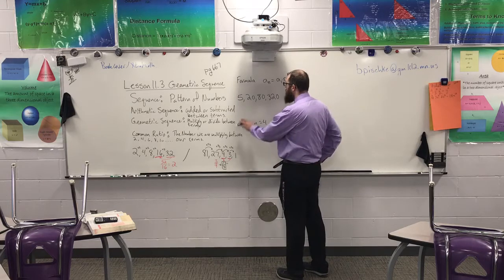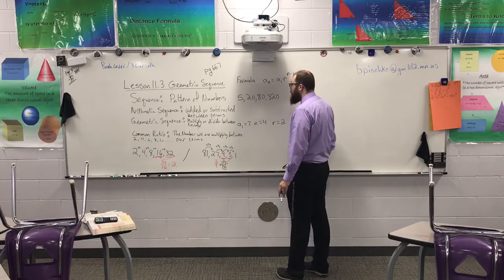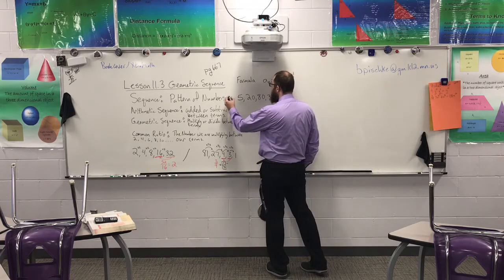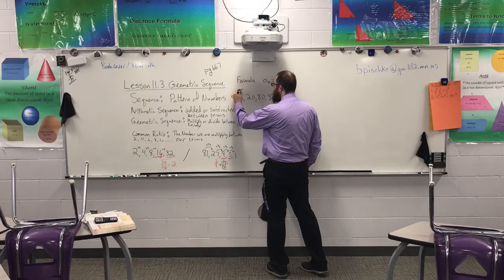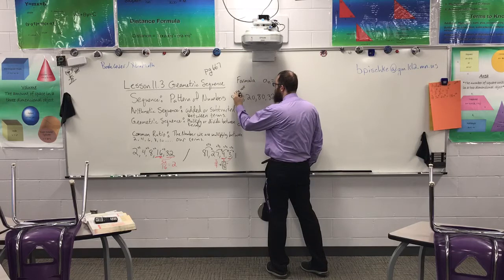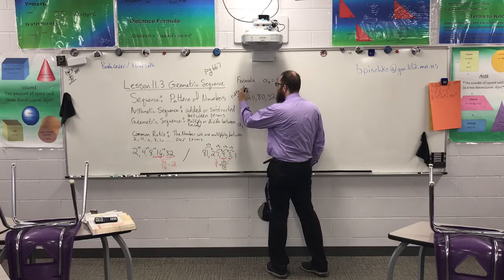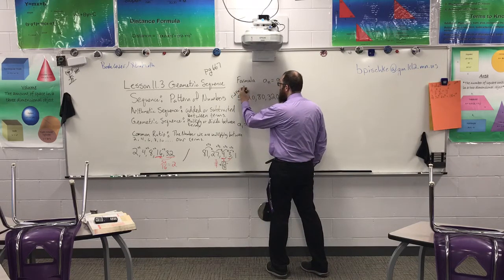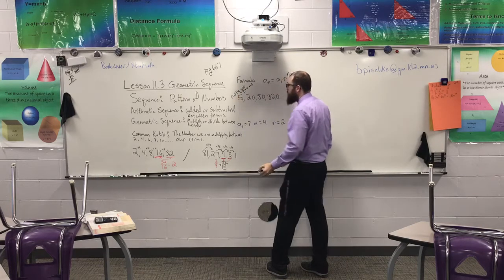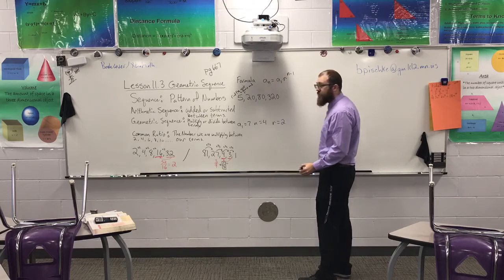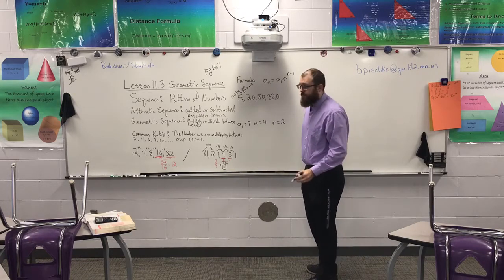So over here we have a number pattern, and the book has asked us to find the next 4 terms and r. So in order to find the next 4 terms, we're going to have to find r anyway.